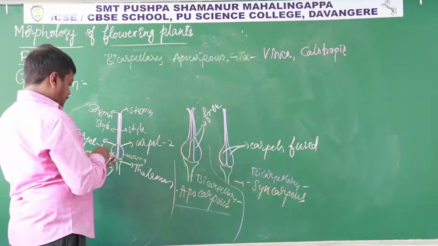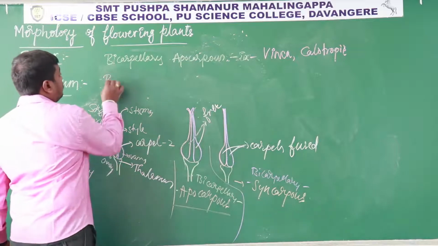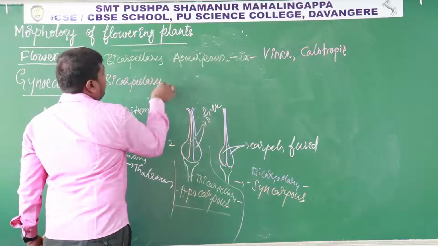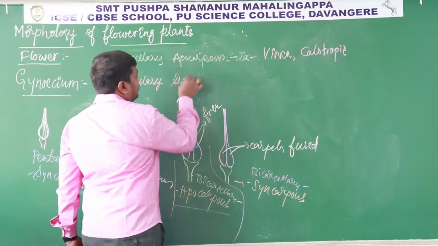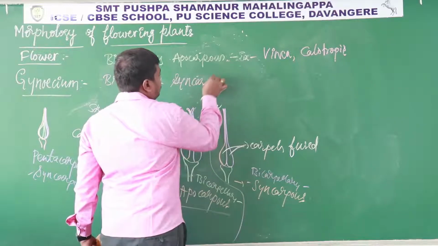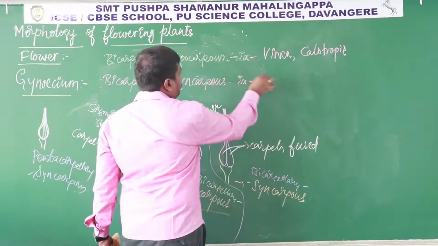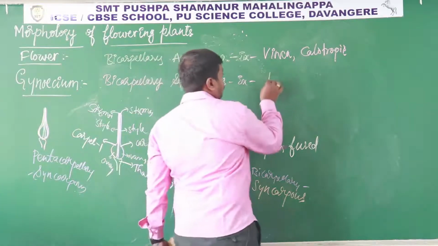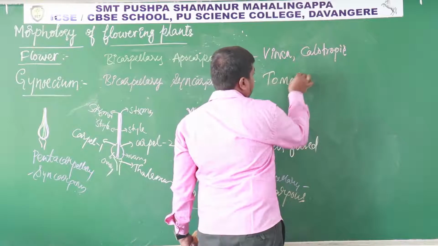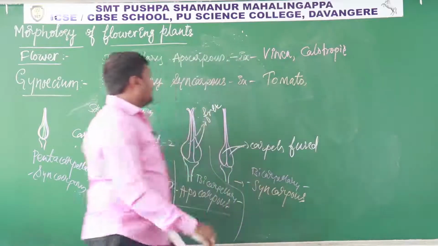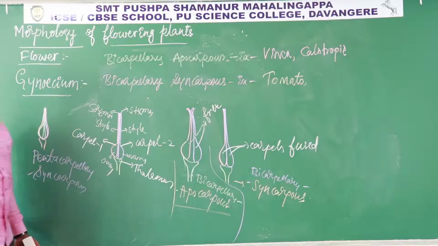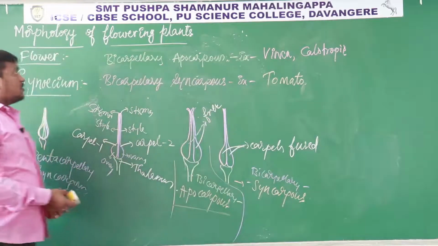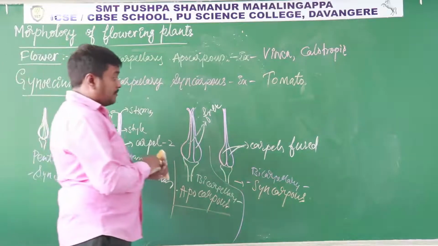Then bicarpellary syncarpus. For bicarpellary syncarpus we can give the example of tomato. Okay, in tomato the bicarpellary syncarpus condition is there. So as the most common plant, we can give the example of tomato. Similarly, multicarpellary apocarpus condition.